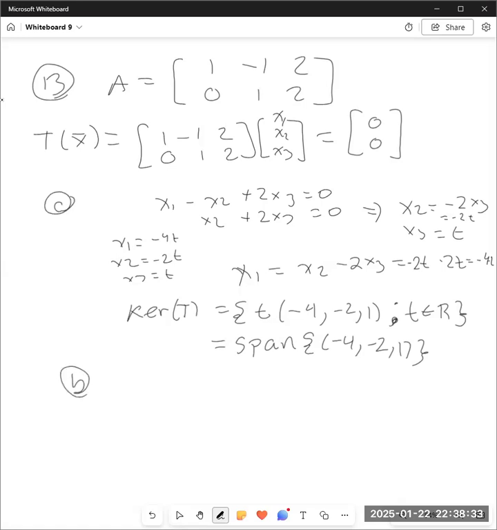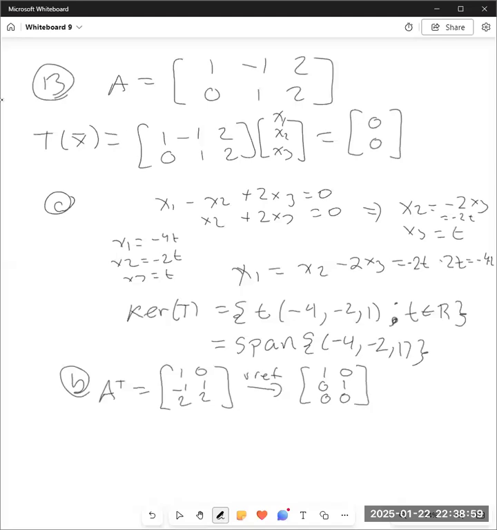Part B asks me to find the range. So I'm going to take the transpose of matrix A, which is going to be [1, 0; -1, 1; 2, 2]. I'm going to row reduce that to echelon form, and I get [1, 0; 0, 1; 0, 0].